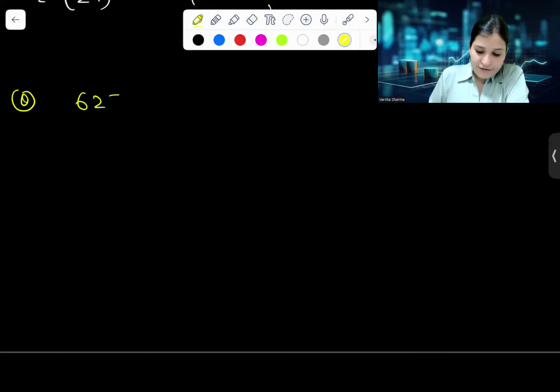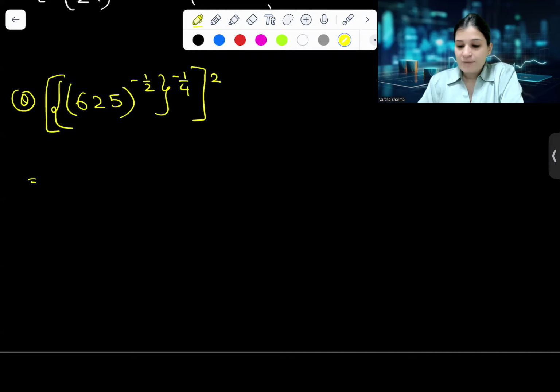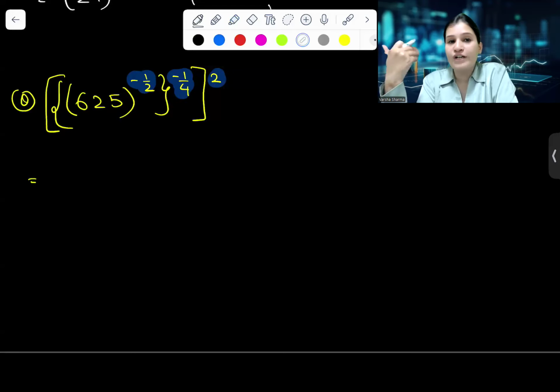Question. 625 to the power -1 by 2 to the power -1 by 4 whole to the power 2. By looking at the question, can you see that -1 by 2, minus 1 by 4, and 2, are they on the same floor or different floors?